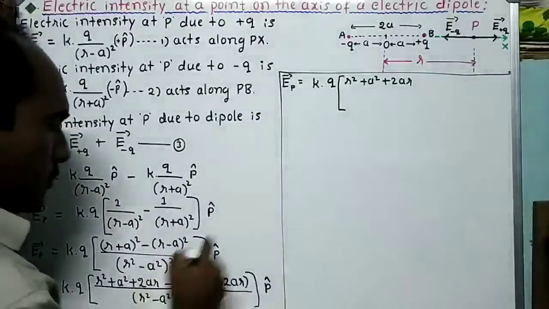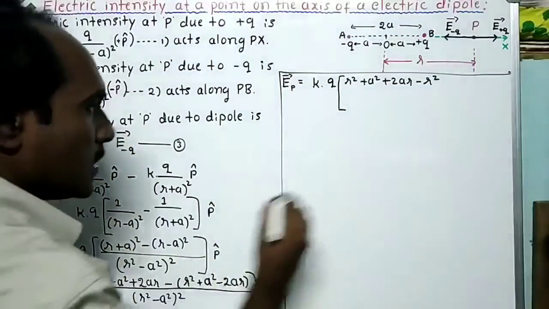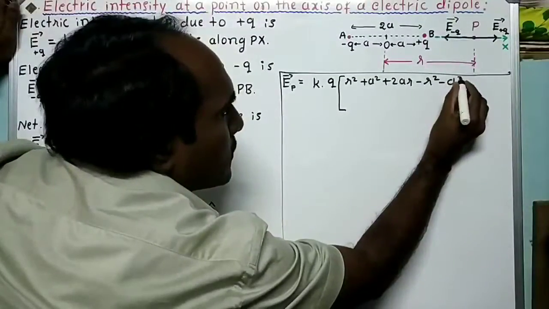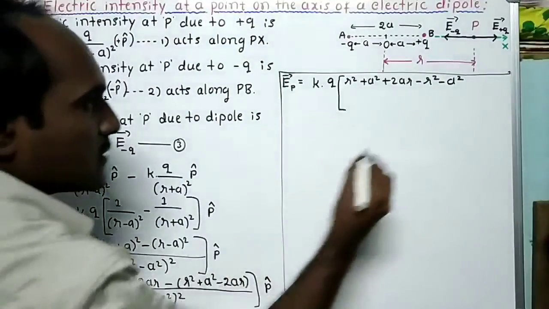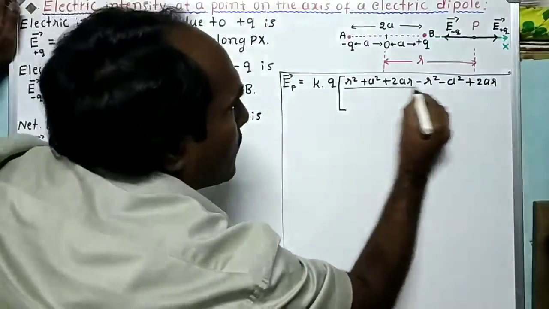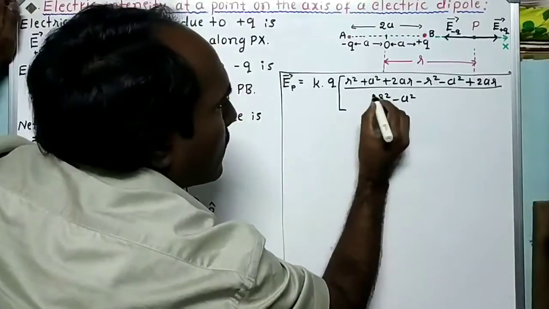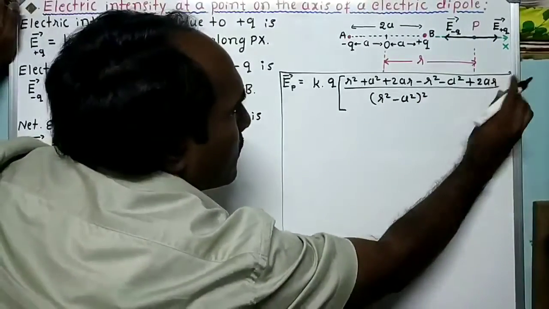Here minus into plus is minus R square, minus into plus is minus A square, minus into minus is plus 2AR, whole divided by (R square minus A square) whole square.